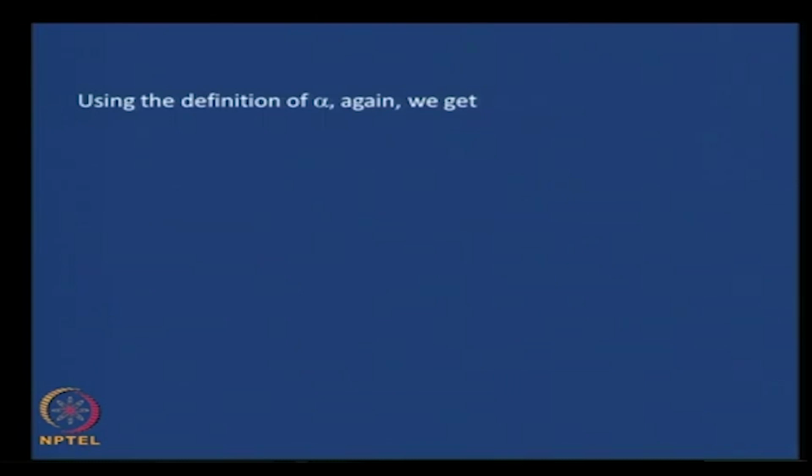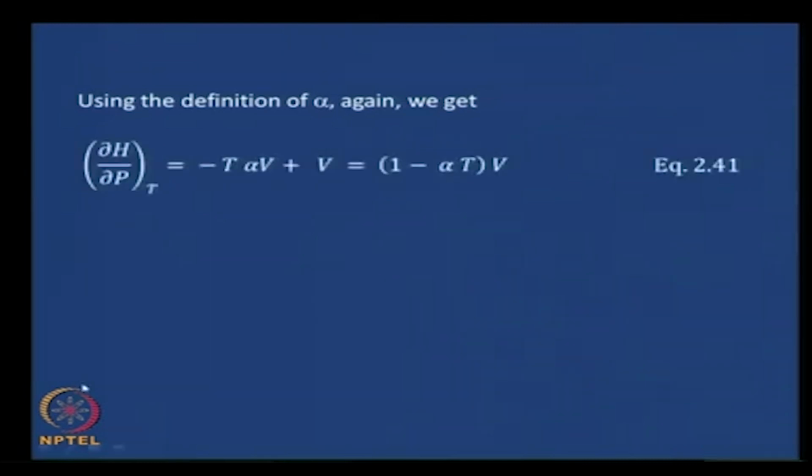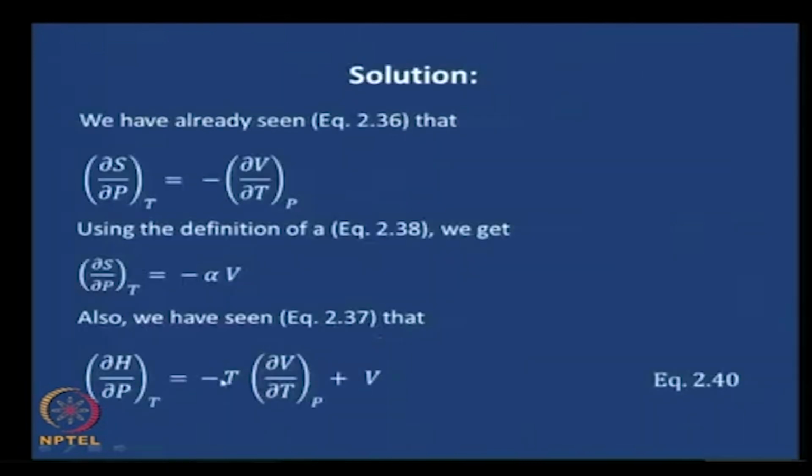Okay. Let us look at the remainder of the solution. Using the definition of alpha again, 1 by V dou V dou T at constant P, we can write the dou H dou P at constant T in the previous equation as minus T alpha V plus V. You can see this here.